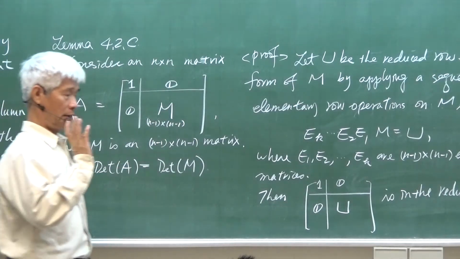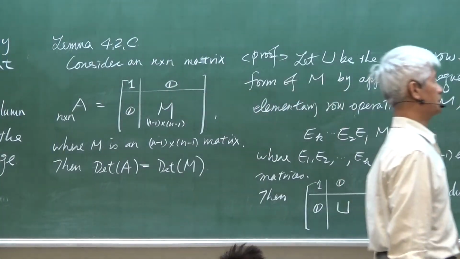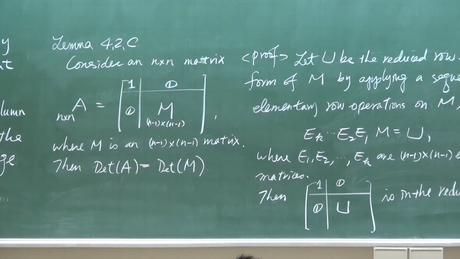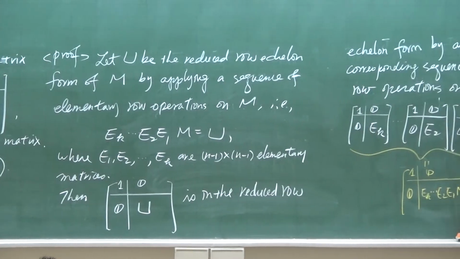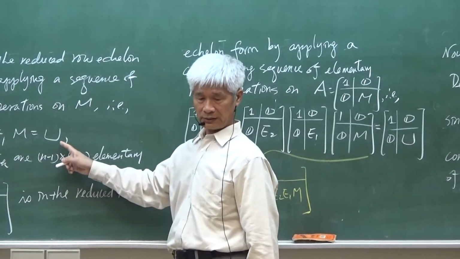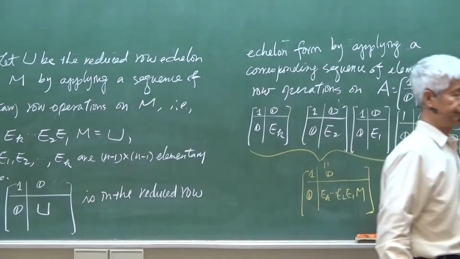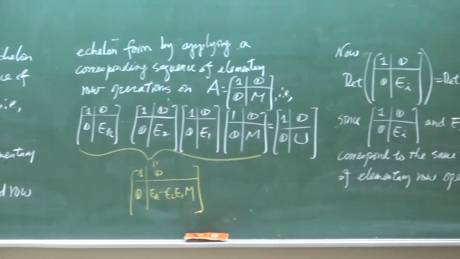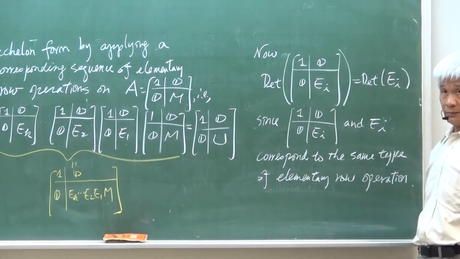And so we apply the same technique, so that for a general situation M, we just write down the reduced row echelon form. Any questions up to here?